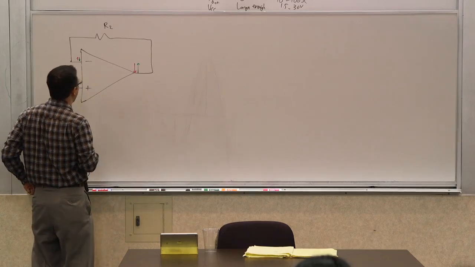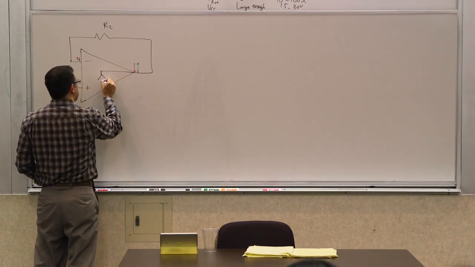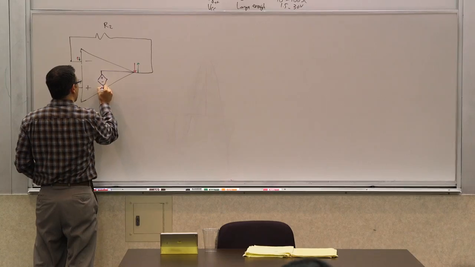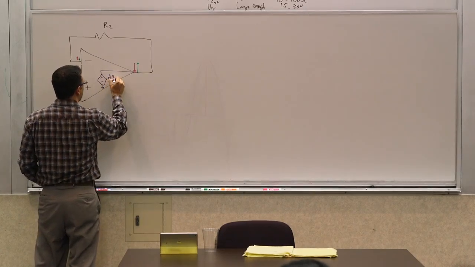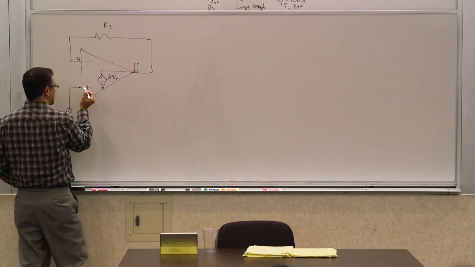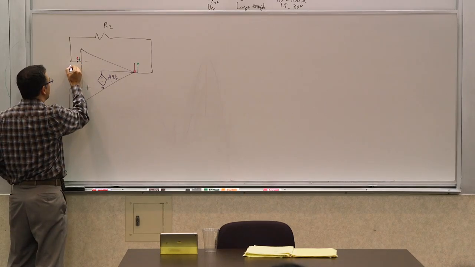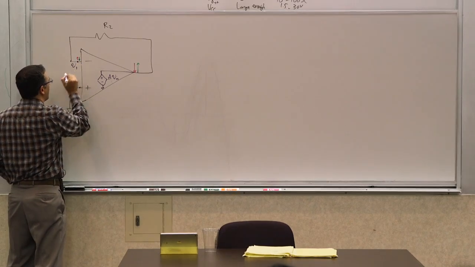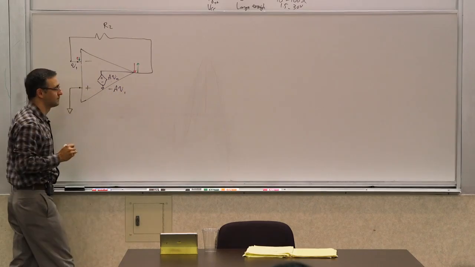Now, quantitatively, what happens? So there are different ways to do this. Let's just do it first the brute force way. So this is A times V in. And V in in this case, so this voltage is 0, because this is ground. Right? So this voltage, let's call it V1. So this is going to be negative A times V1, because of the polarity.